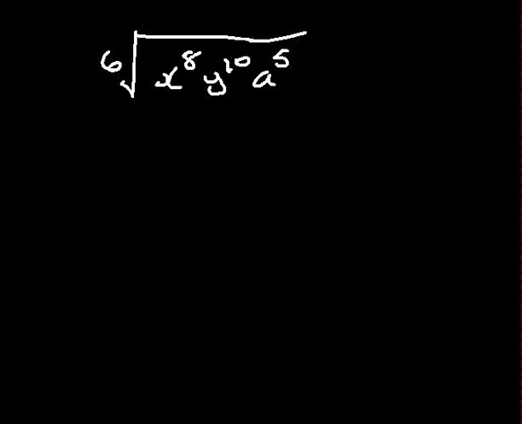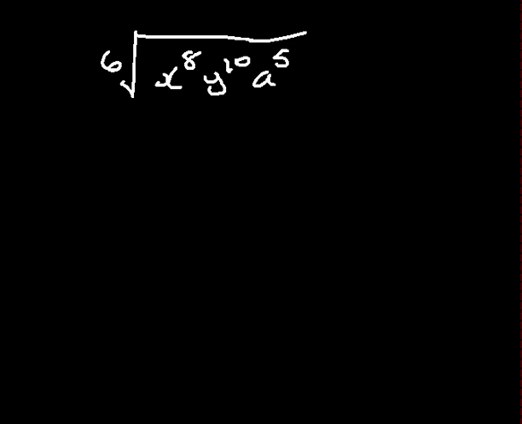So in this case, we should multiply this one by x to the power negative 2, and we should multiply this one by y to the power negative 4, and we should multiply this one by a to the power 1, to ensure that all will have the power 6.